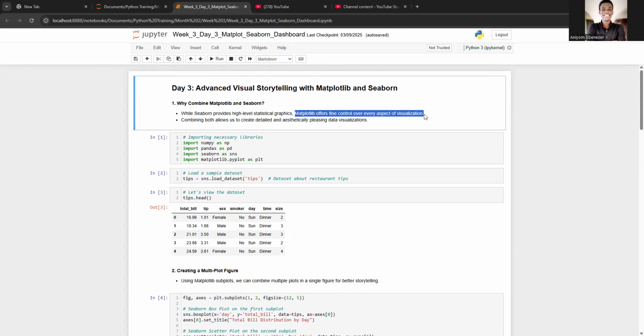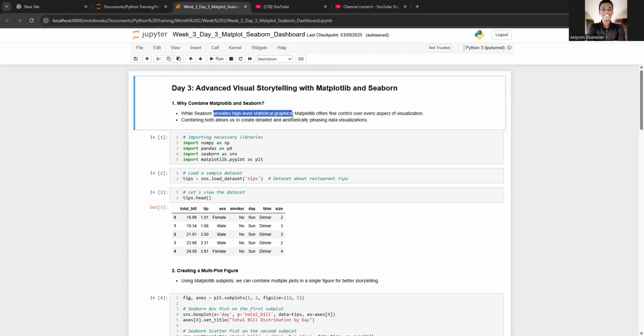We also said that Seaborn itself was built on top of Matplotlib. So what are we trying to say in essence? Seaborn, what it does specifically, is to provide high-level statistical graphics.